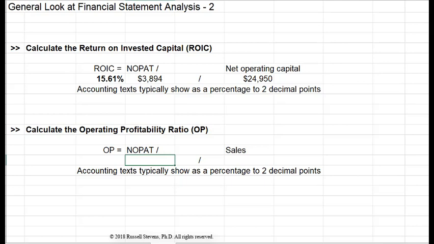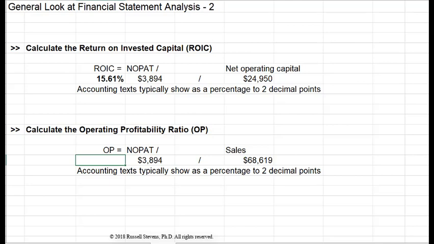When entering that into the workbook cell, it needs to be without the three zeros at the end. Into the workbook cell under NOPAT, 3894 is entered. Into the workbook cell under Sales, 68,619 is entered.